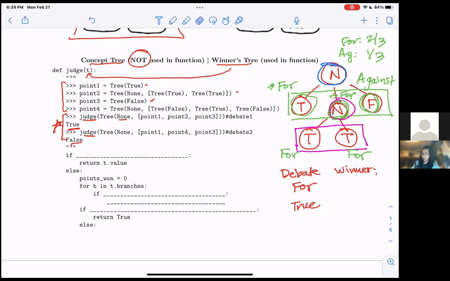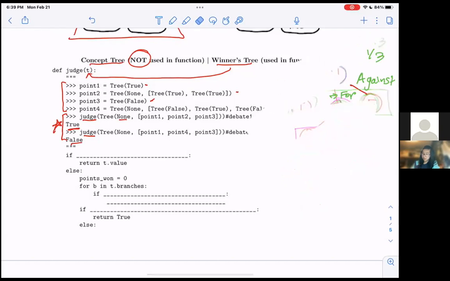Okay, I will erase this for now. In this case, when we're calling judge, we're going to call it on a tree with a root of none.